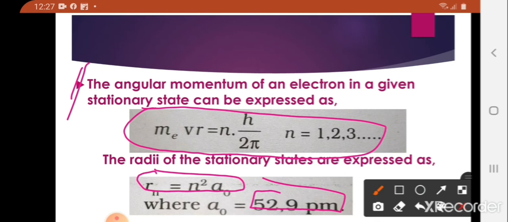Thus we can say that the radius of the first stationary state, called the Bohr orbit, is equal to 52.9 picometer.